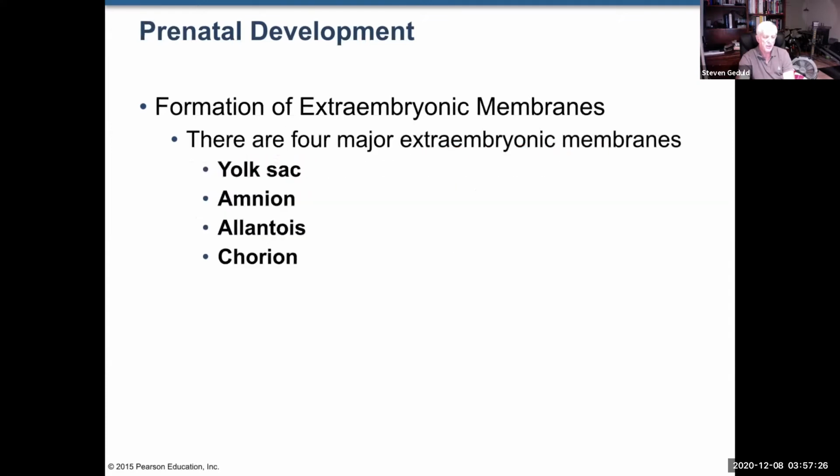There are 4 major extraembryonic membranes: a yolk sac, an amnion, an allantois, and a chorion. Those are the 4 different extraembryonic membranes.